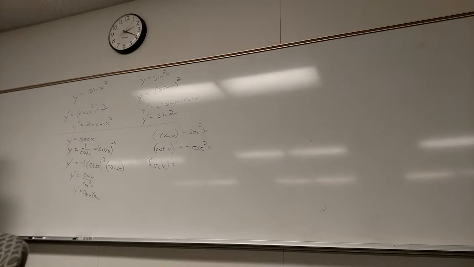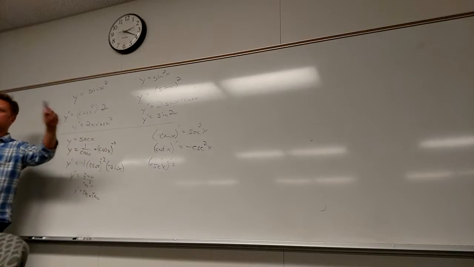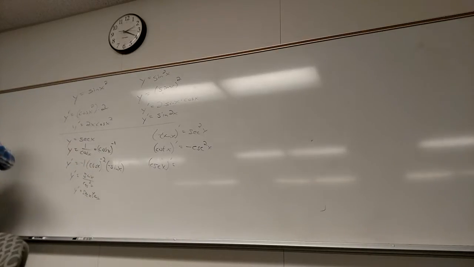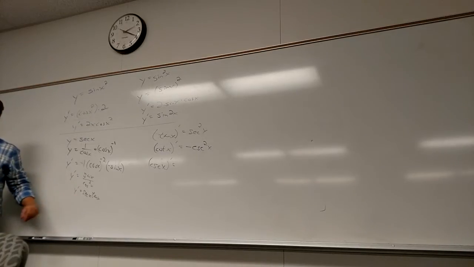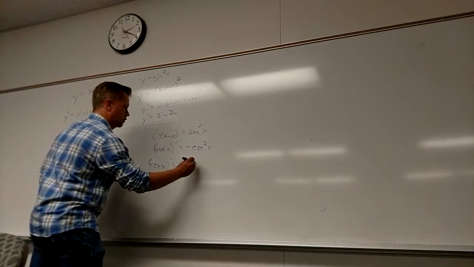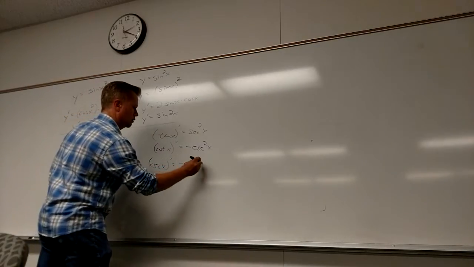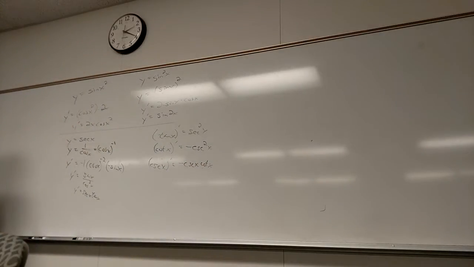I'll bet you anything that cosecant is secant tangent. I bet you cosecant is cosecant cotangent with a negative. Remember, co stuff is negative. It's almost too nice to believe in terms of memorization, which is what you need to do.